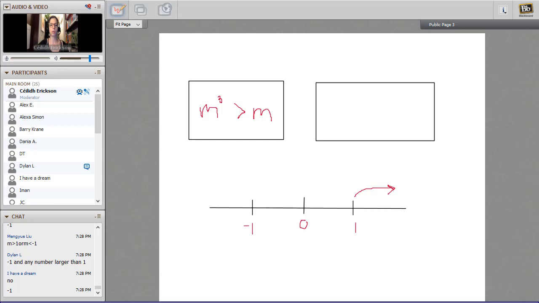Well, we know it's not going to be true for numbers less than -1. It's not going to be true for 0. Is it true for positive fractions? No. Where else on this number line would numbers get greater, further to the right on the number line, when we cube them?